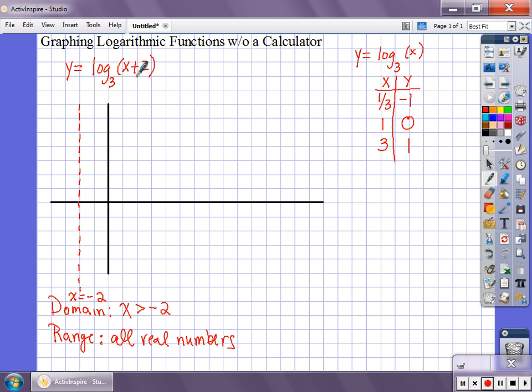Remember that we have shifted to the left 2 units. So again, a left shift, left or right, affects your x values. So in this case, we're going to take those numbers, and since we're shifting to the left, we need to subtract 2.